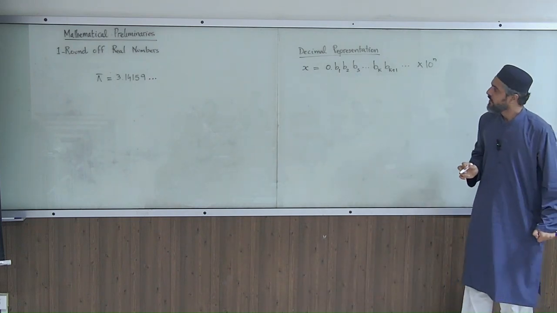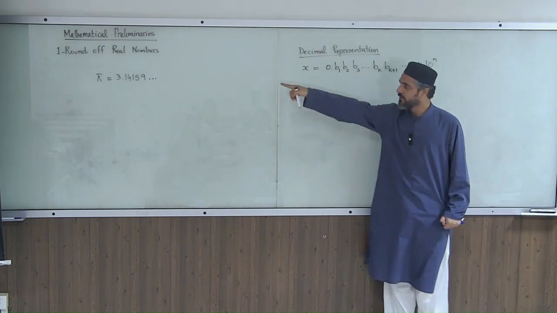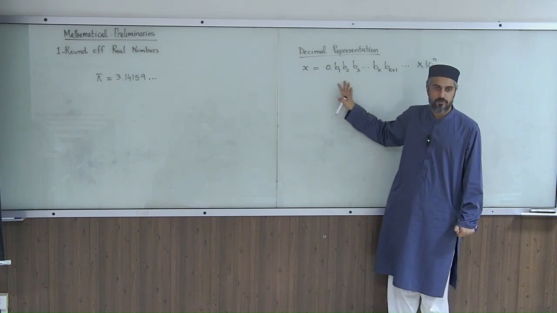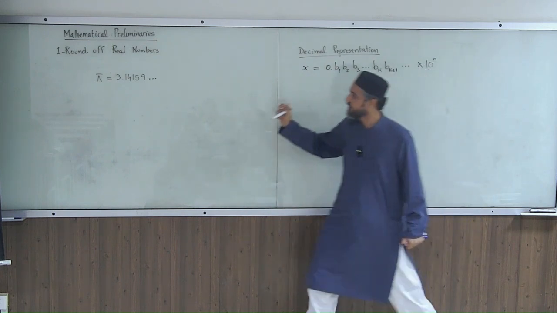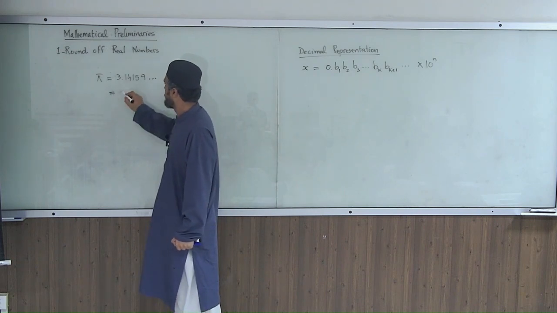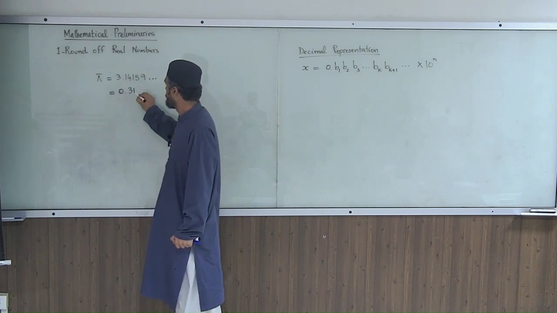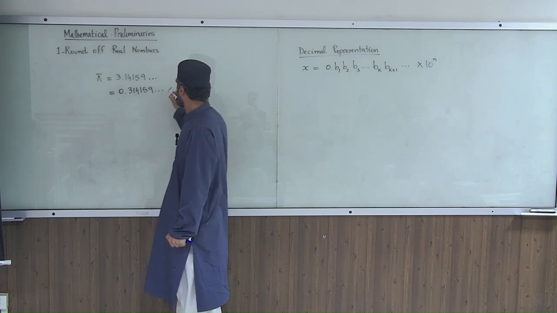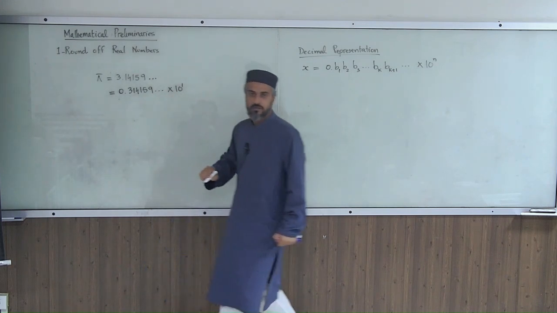This number, pi, is not in this particular form. We try to convert it into this form, which will be 0.314159 times 10 raised to the power 1.